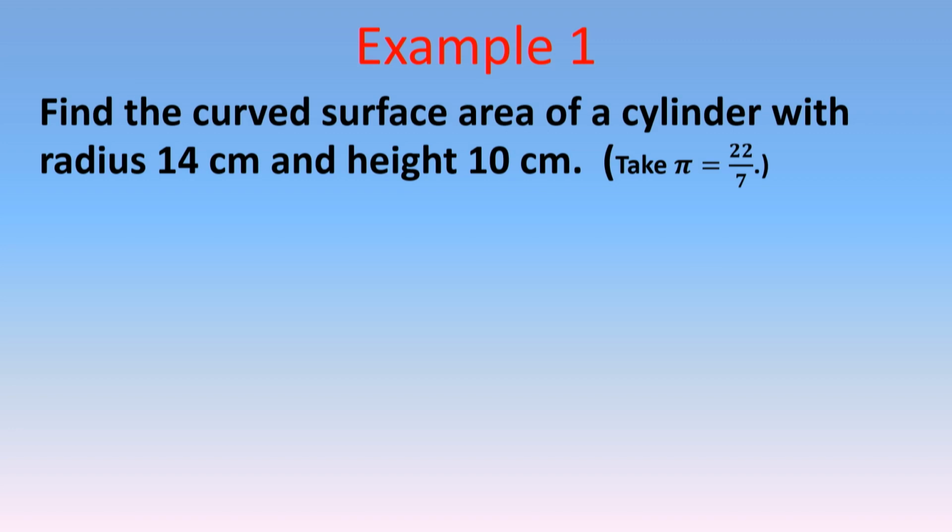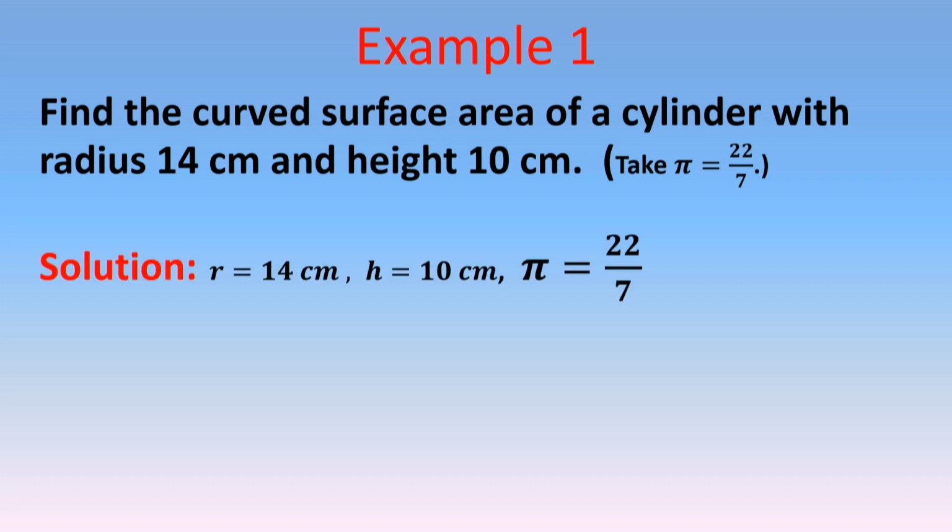Let us consider this example. Find the curved surface area of a cylinder with radius 14 centimeters and height 10 centimeters. For this example, we will take pi as 22/7. So the radius is 14 centimeters, the height is 10 centimeters, and pi we will take as 22/7.